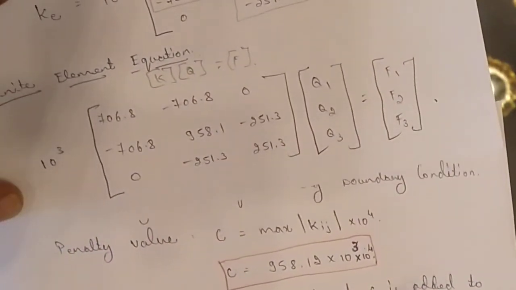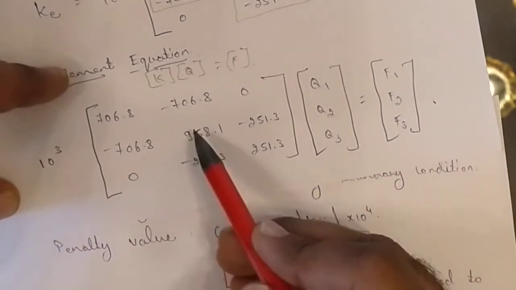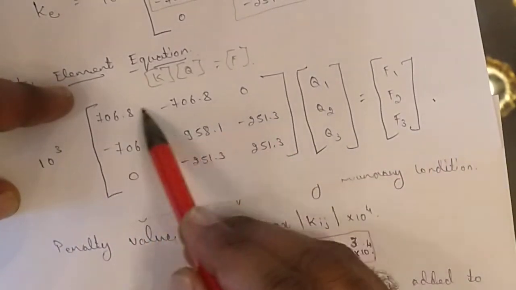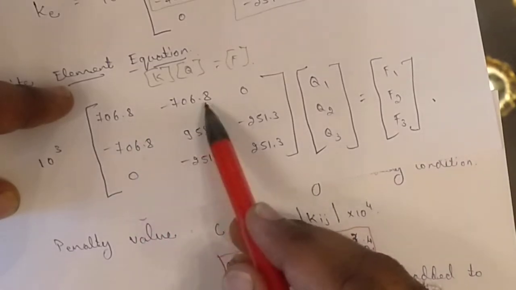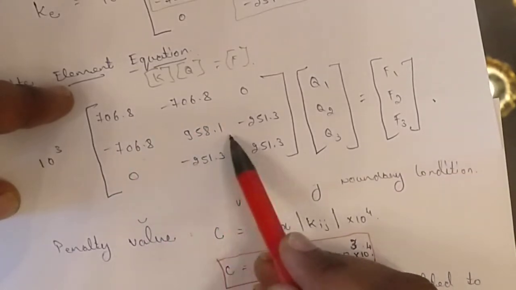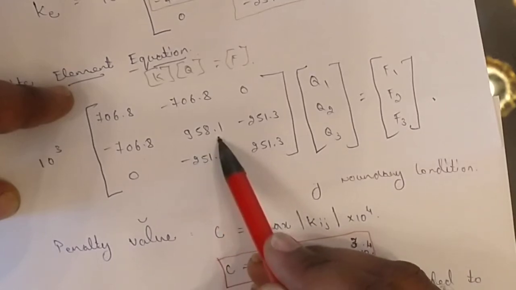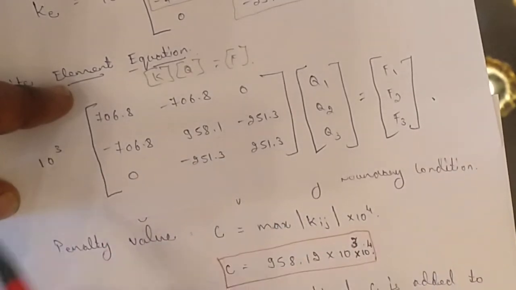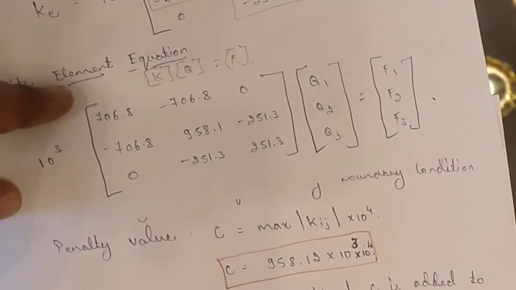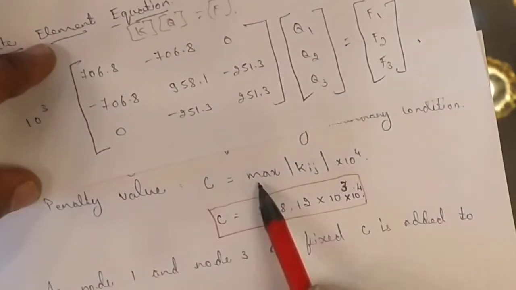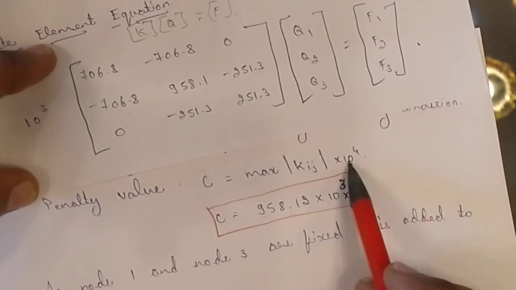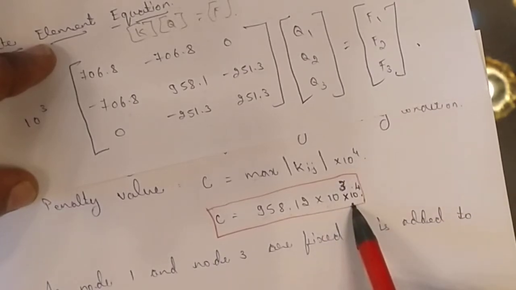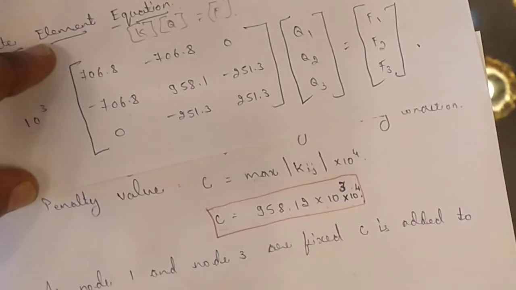If you go back to this matrix, what is the maximum value in the stiffness matrix, that is K matrix? We have 706, we have 958. So 958.1 into 10 power 3 is the maximum value. So the maximum of Kij is 958.12 into 10 power 3, into 10 power 4. Okay, so we have got the C value.